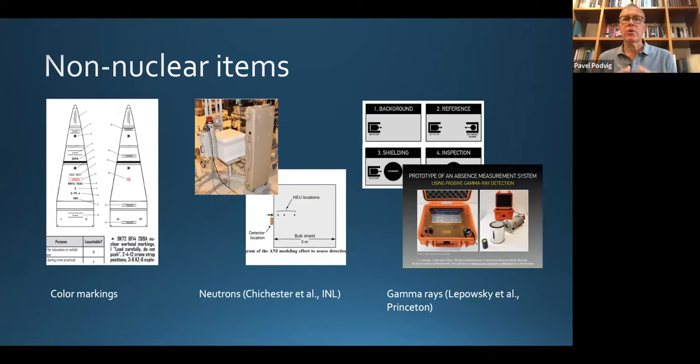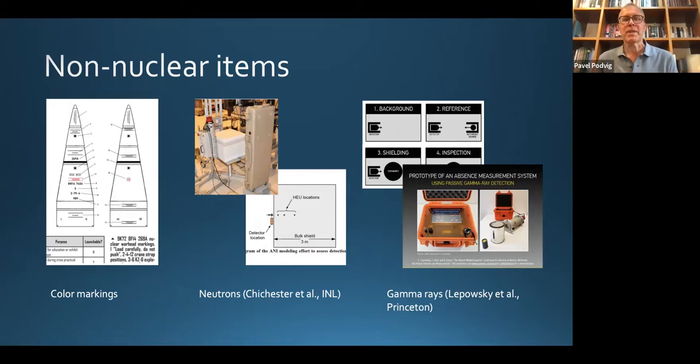And you don't need to know anything about weapons. You don't need to know the number of weapons. You don't need to know the type of weapons. You don't really need to know anything. You just need to know that certain things are empty, and you need to have a procedure to verify that certain bunkers are empty.